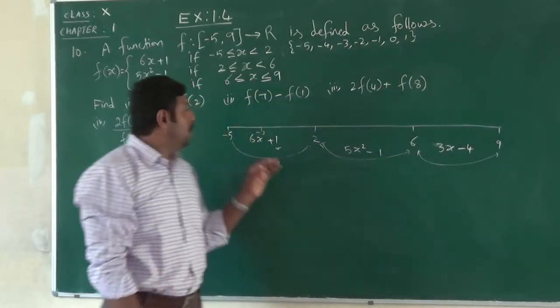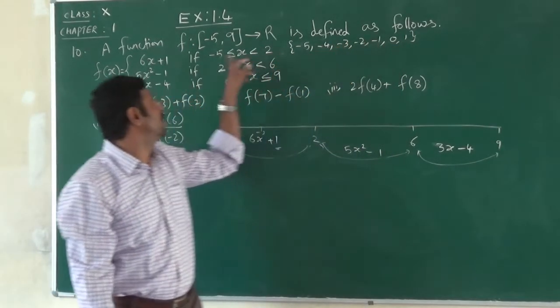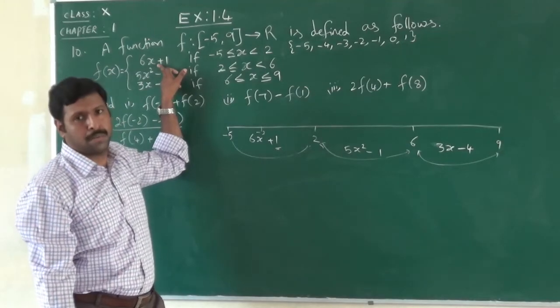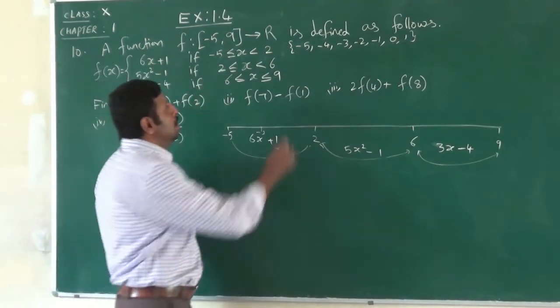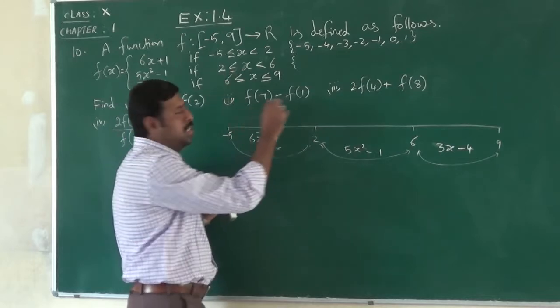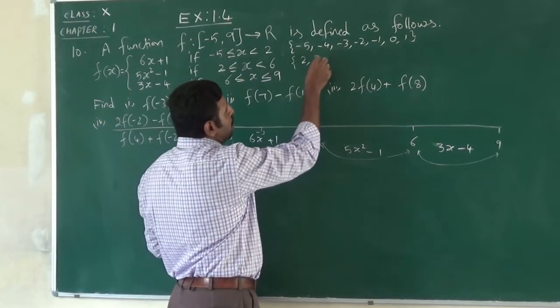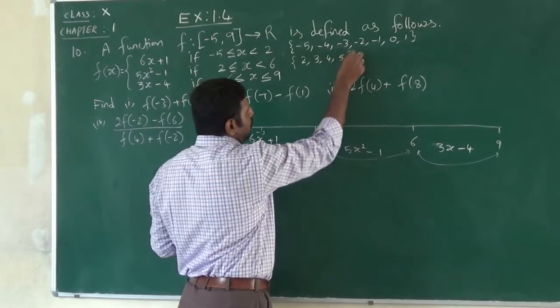So if these elements appear, you have to use the function 6x plus 1, right? Next one, here x is greater than or equal to 2 is the condition. So we take the number 2 and then less than 6 means up to 5: 2, 3, 4, 5.